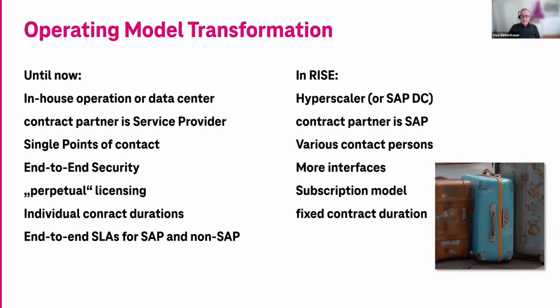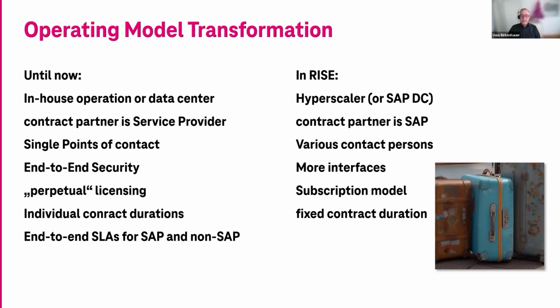And so where you had one provider for your IT, for your security, for example, you now have SAP and the other providers. So this is really not reducing the complexity. It's at least adding an additional layer of complexity.